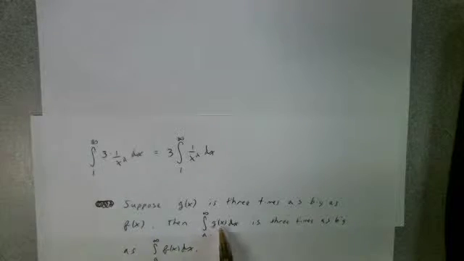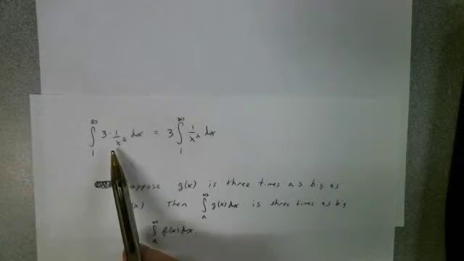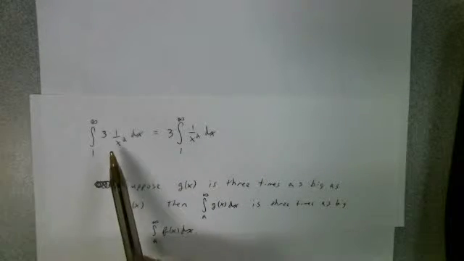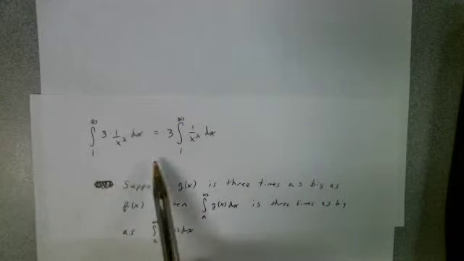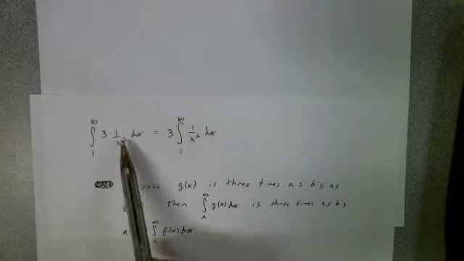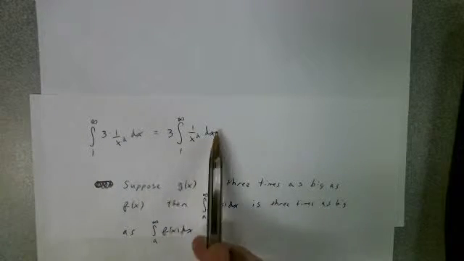Then the area under the curve of g of x is 3 times as big as the area under the curve of f of x. So it's like this is my g, this is my f. If g here is 3 times as big as f, then the area under the curve of g is 3 times the area under the curve of f.